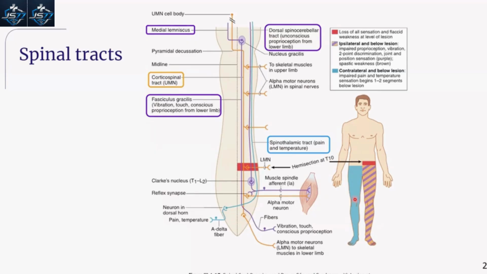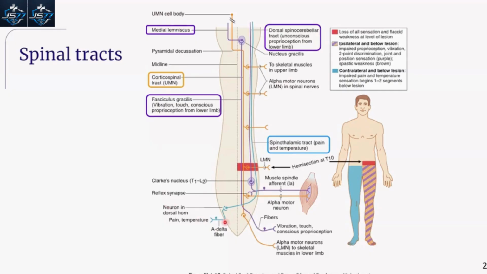Lastly, let's talk about the actual level of the lesion, T10. This line over here is red because every single modality at the level of the lesion is going to be deficient. And the reason is because the nerves themselves come out of the spinal cord, or go in for that matter, at a certain point, and when they do, in and out over here, all of them are going to be deficient.